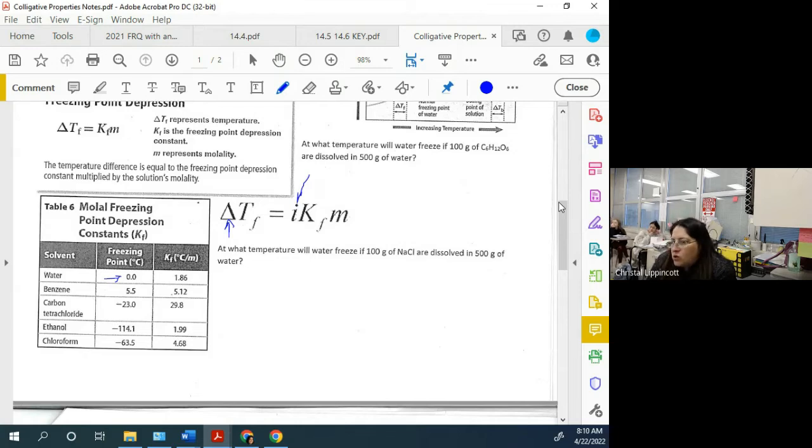If this was in water, which we're going to put it in, how many pieces would a single compound unit break apart into? 2. You're going to end up with Na+ and you're going to end up with Cl minus. So your interference factor here is 2.